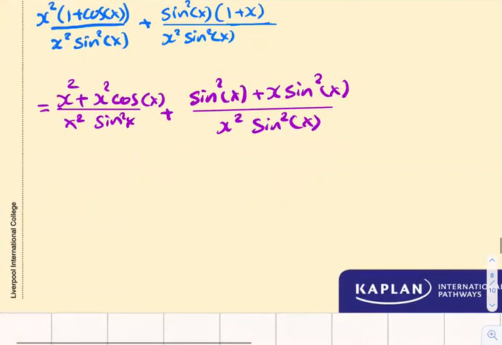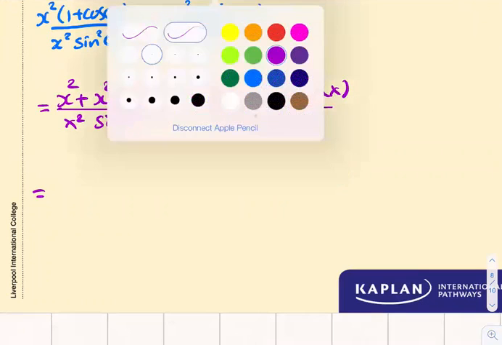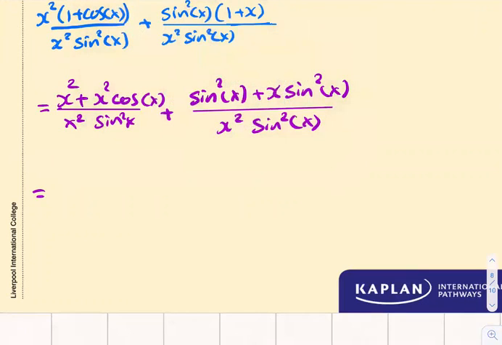You don't need it. So now we are doing x squared over x squared sine squared plus x squared cosine over x squared sine squared. I'll just do an example of them, because it takes time. Like this one here: x squared over x squared sine squared x plus x squared cosine x over x squared sine squared x.